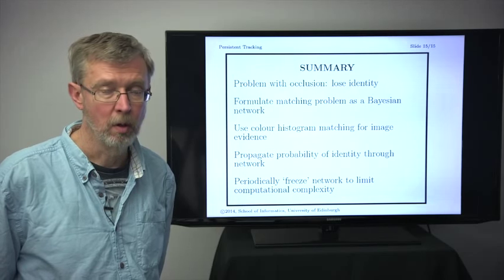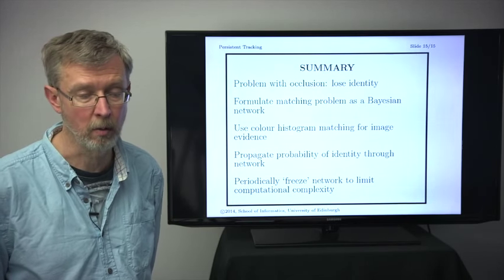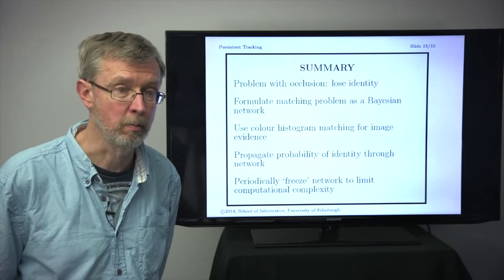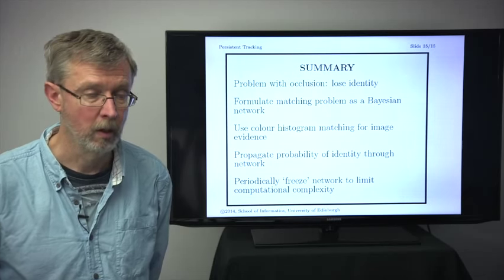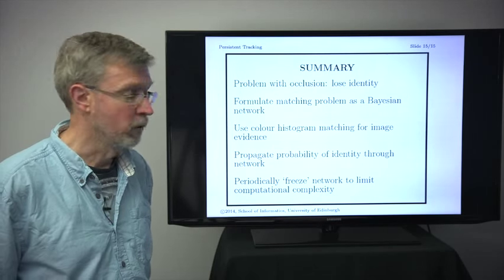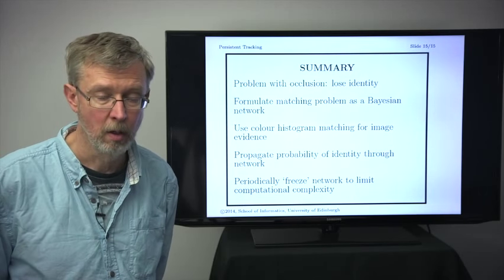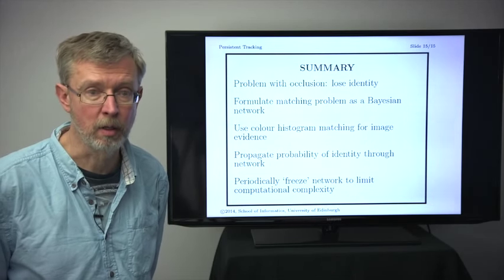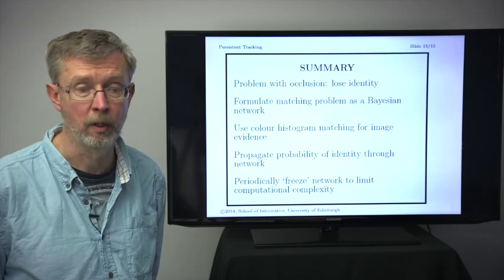And so we put all these pieces together as a probabilistic model through a Bayesian network, and we can propagate the probability of each of the different identities through that network. That's the full general solution to the problem that they adopted, but they recognized that they needed to freeze the network occasionally to make the evaluation computationally tractable.